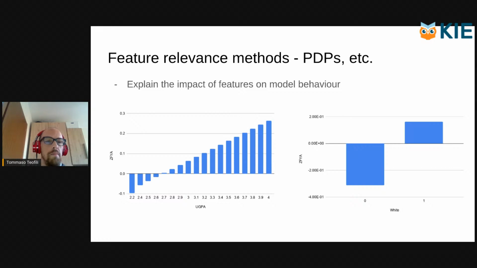There are actually other types of explanation methods. Some of them are called feature relevance methods. In practice, they are the global counterpart of saliency methods, which means that the explanation again comes in the form of an importance score for each feature in the input space. But instead of those importance scores being tied to a single prediction, they're actually tied to the whole model.